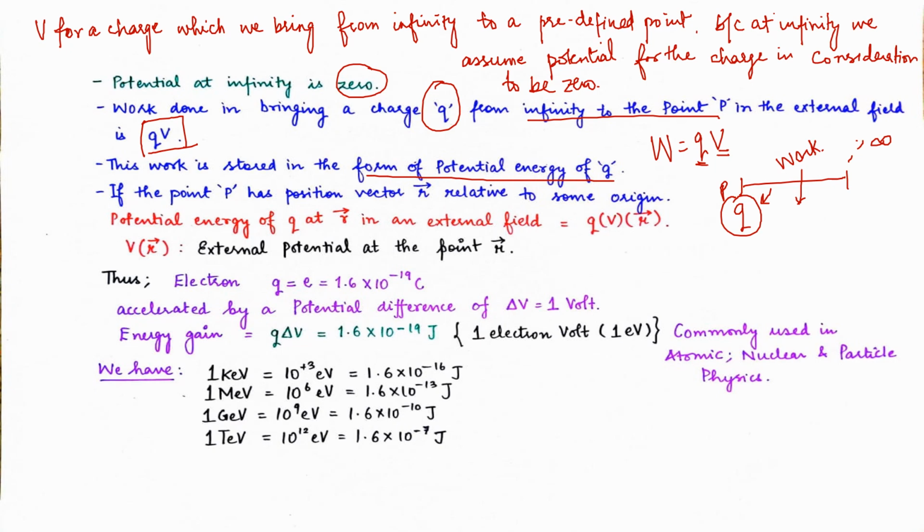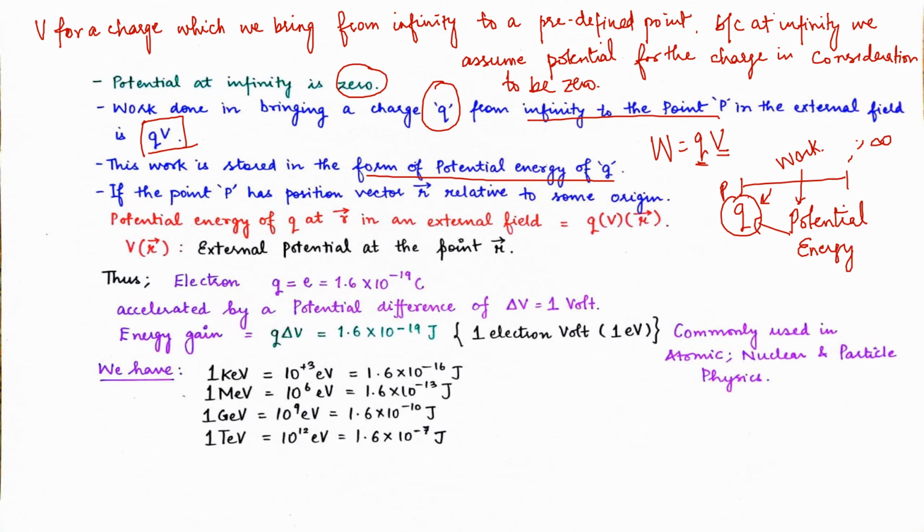Similarly, the amount of work done in bringing this charge from infinity to point P will be stored in the form of potential energy, and this potential energy will be stored in the charge. Okay. So, that pocket money will be saved in the form of savings for you in your account or in your piggy bank, anywhere like that.